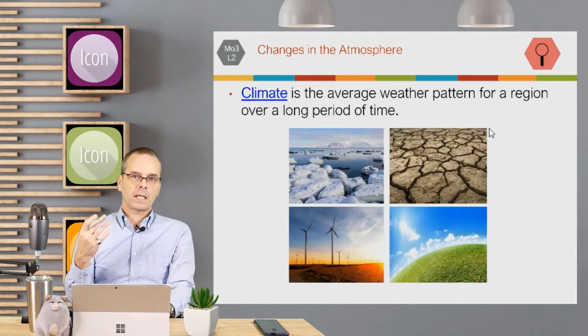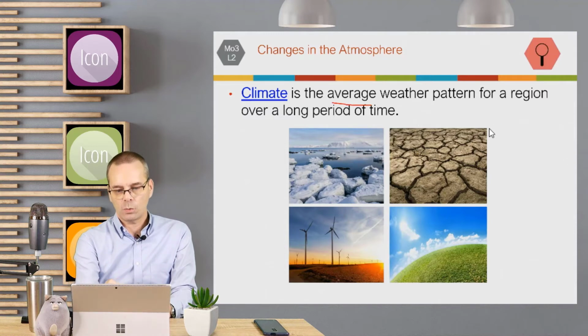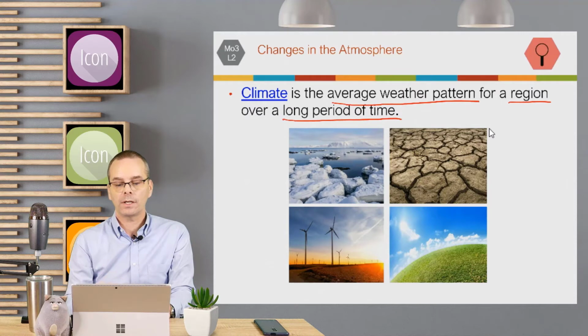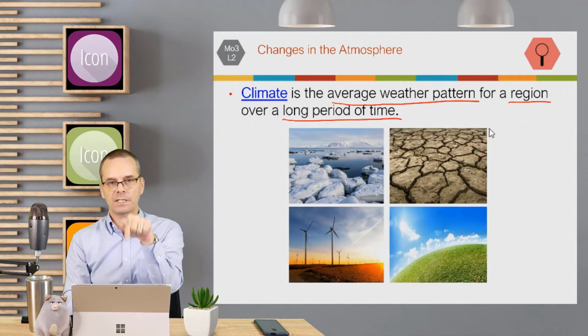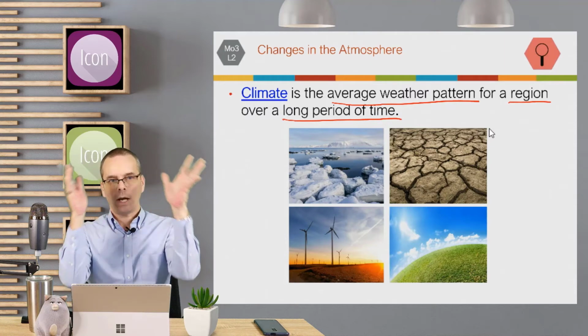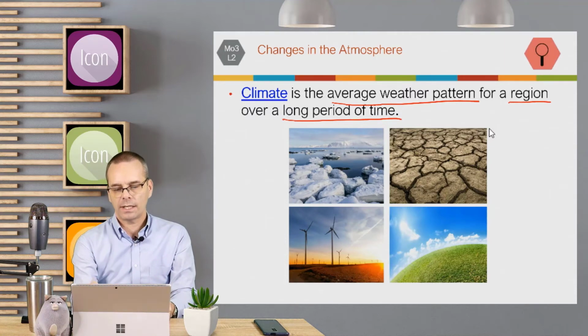So when we talk about climate, climate is the average weather pattern for a region over a long period of time. All right? So it's not short, it's not a specific location, it's kind of a bigger area, and we look at it over a longer time. And we look at, for example, it may be drought, right?